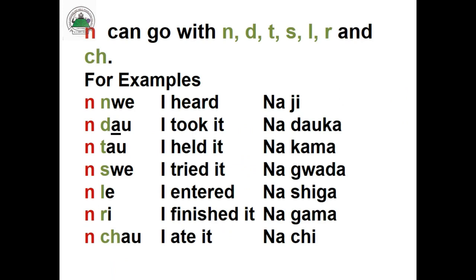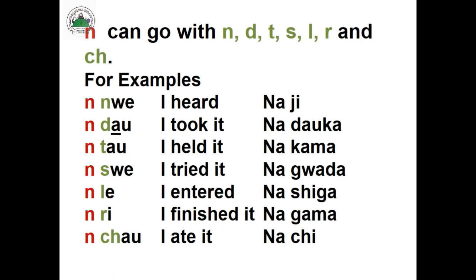So the next one is ntau, which is I held it in English, na kama in Hausa. And like we said, the next word that follows it starts with this t sound. Then the next one is nswe, I tried it, na gwada.